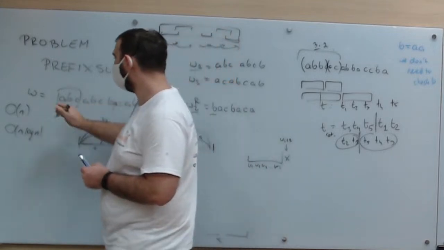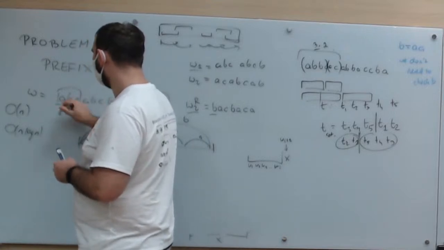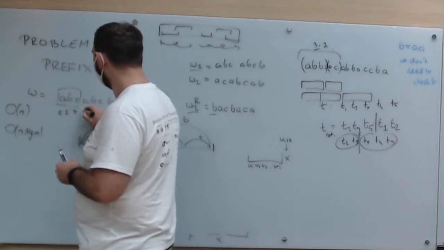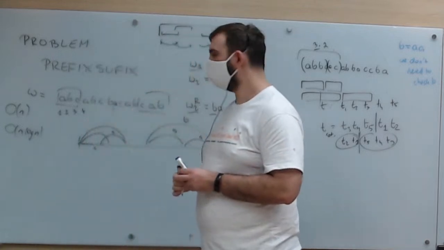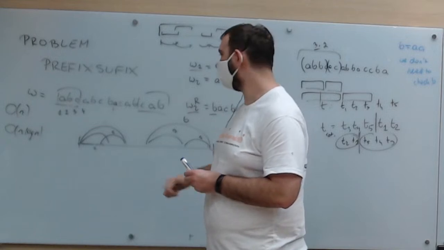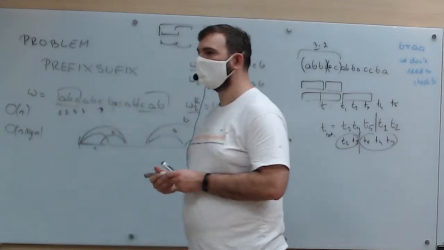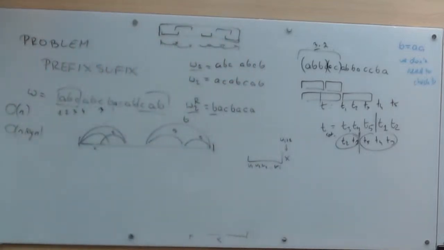For the single letter it will be just 1, for AB it will be just 2, for ABC will be 3, for ABCA it will be 4, and so on. 4, is it correct? Yeah, it is correct. So it's not interesting, but here it will be 3, because I can use ABC, ABC. Okay, maybe this is not the greatest example, I will give you a little bit more interesting example.